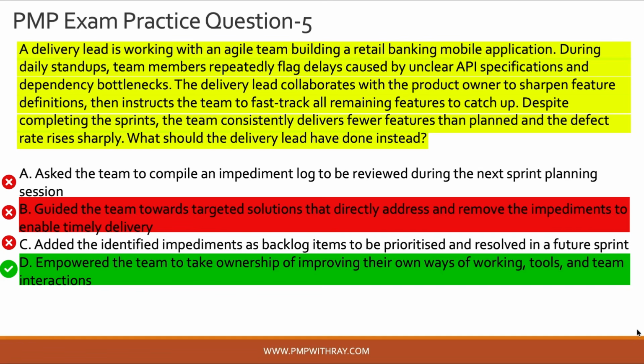That is why PMI is very clear that the agile leader should wear the hat of a coach, a facilitator and a servant leader, not the hat of a dictatorial leader who takes the decisions and then deploys them to the team. And that is why option D is the correct answer choice to this question.